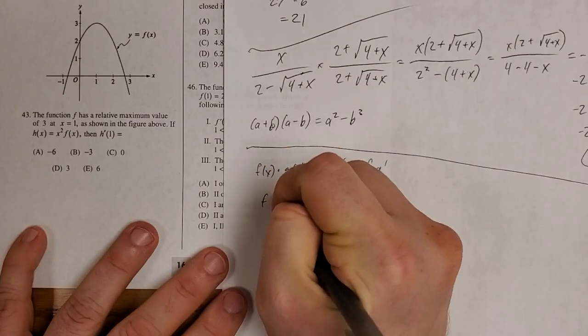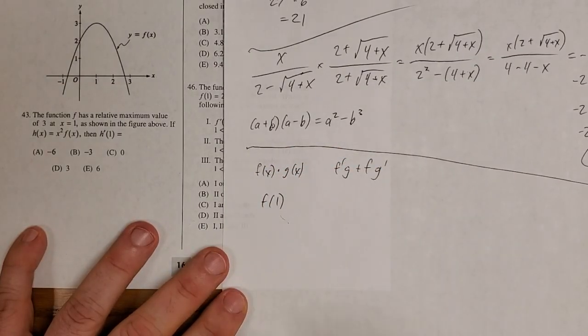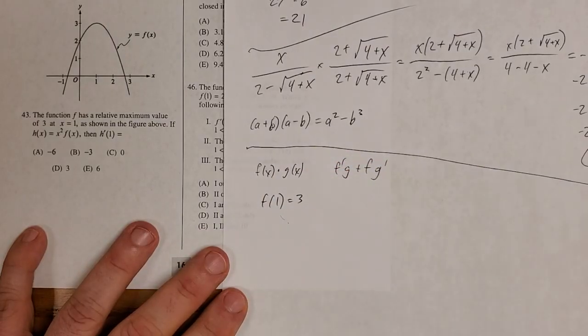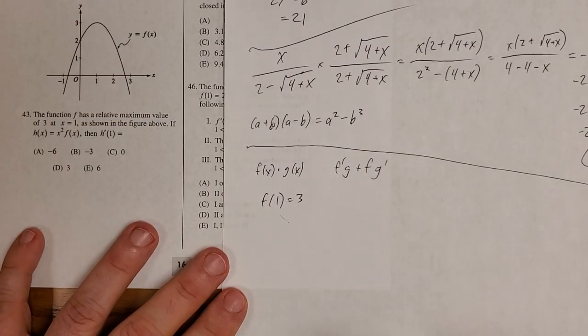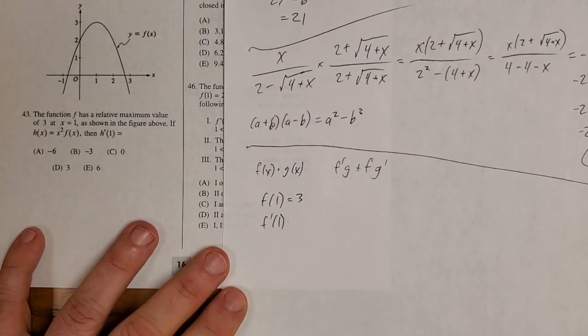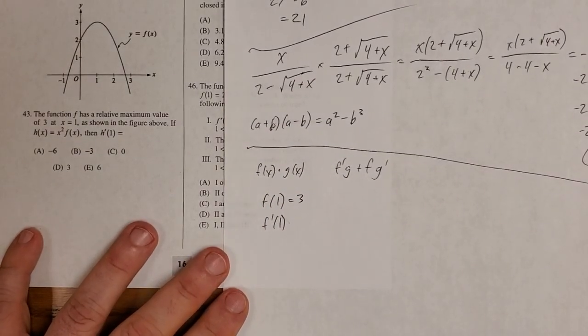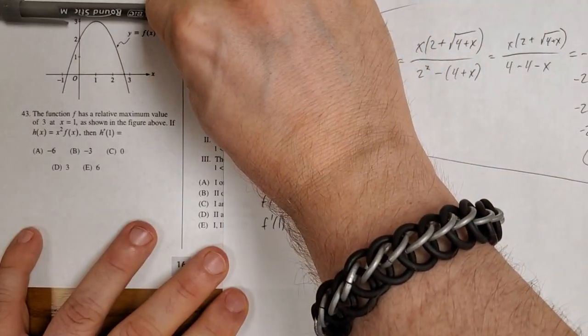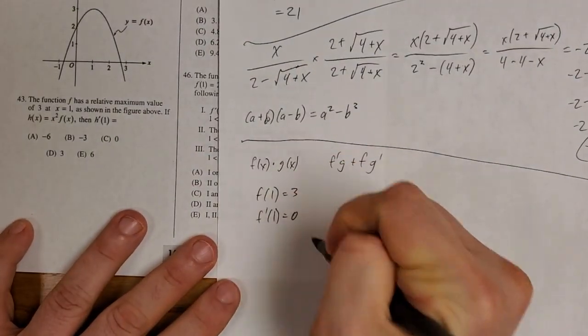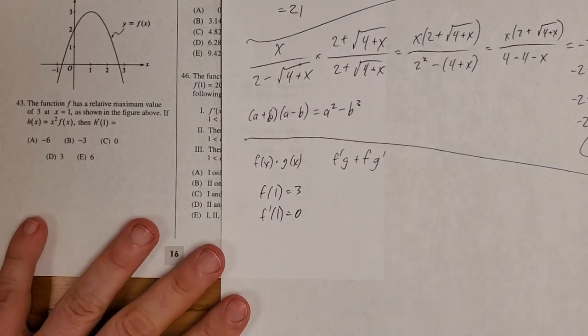So f of 1 is 3, and the derivative of f at 1, well, that's the maximum. We can tell that it's flat there, so we know that's just going to be 0.